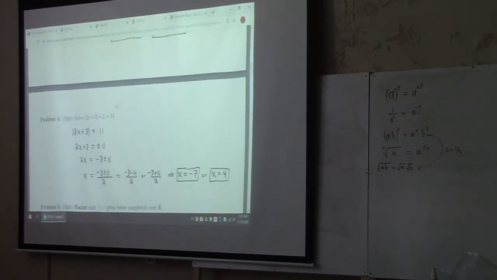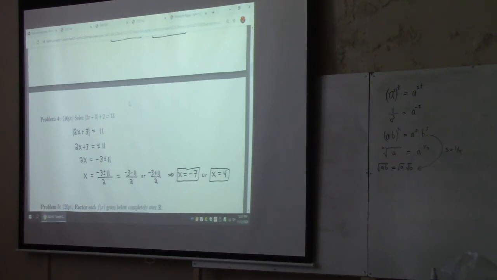Problem 4. I think the big mistake people made here, as I recall, was a lot of people just dropped the absolute values and just said, oh, okay, so I'm going to solve 2x plus 3 equal to 11, basically. Or they put plus or minus 13 and didn't account for moving 2 to the other side.